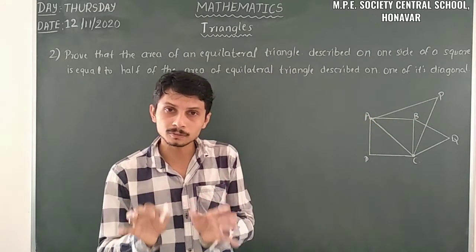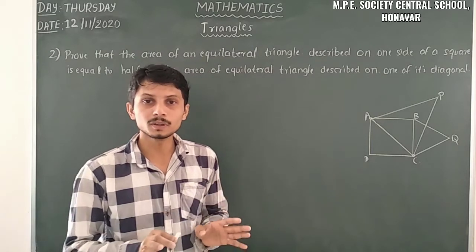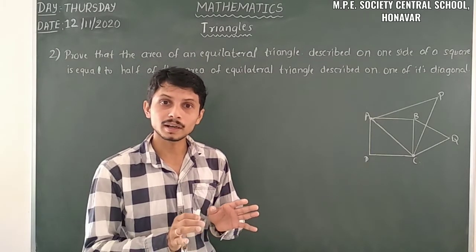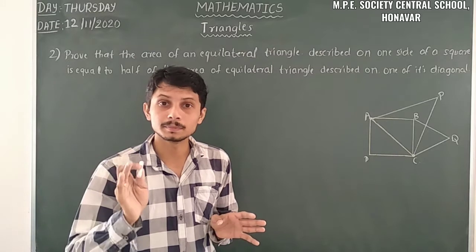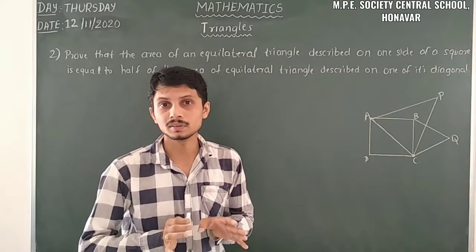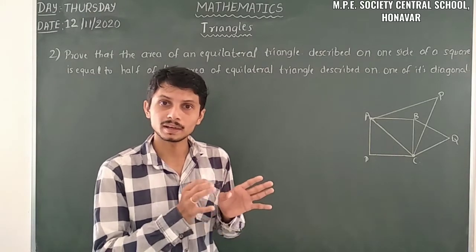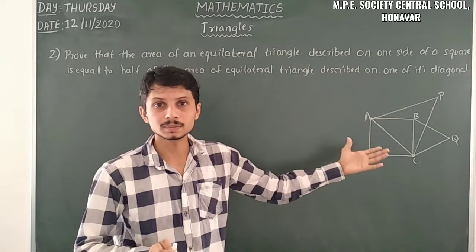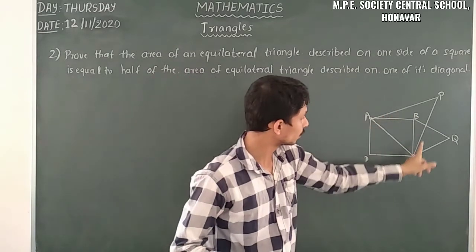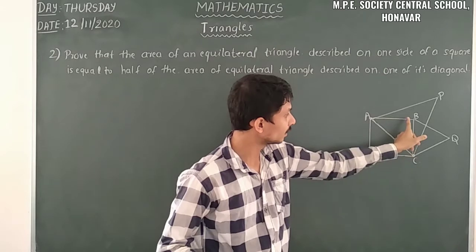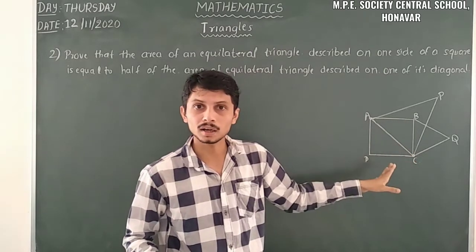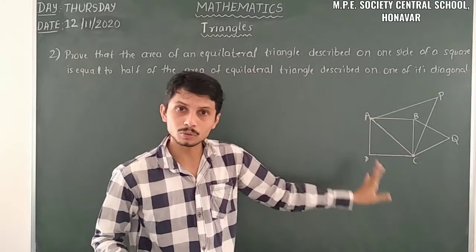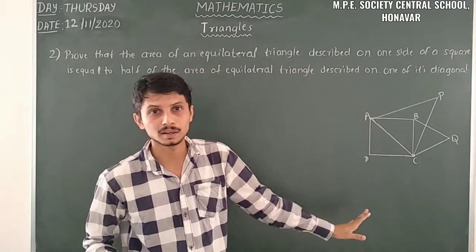Here it is confirmed that we already know all equilateral triangles are similar. So that one we can use in this problem. Here APC and BQC, those two are equilateral triangles, and those two equilateral triangles are similar.